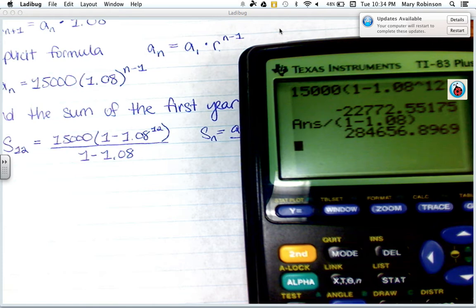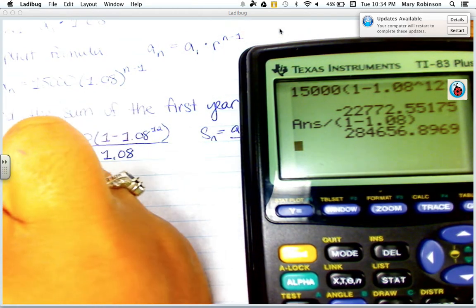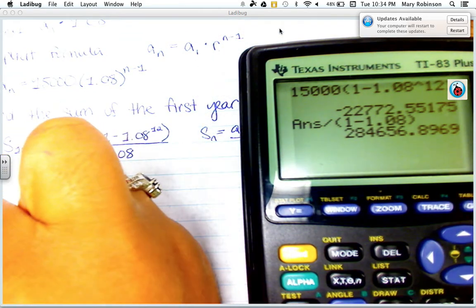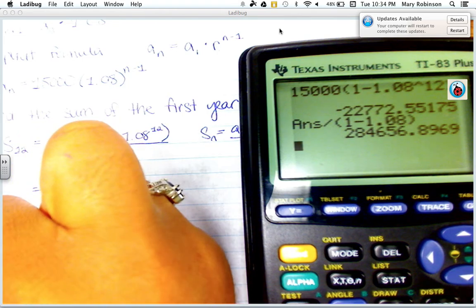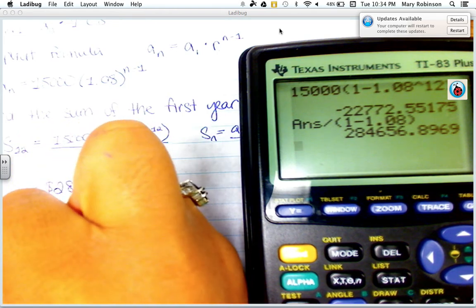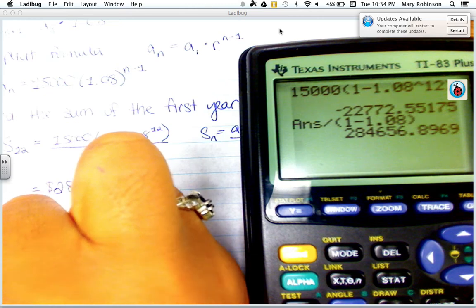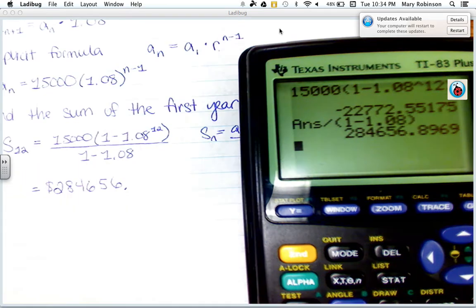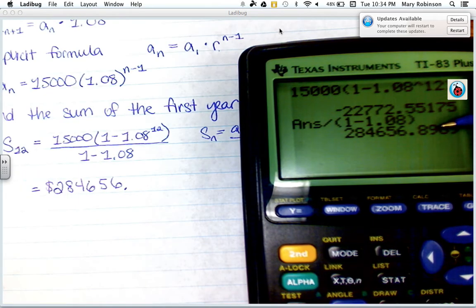So the sum for the first year sales is $284,656, and since we're dealing with money, we're going to round to the hundredths place. Remember, we look to the right. If the number is 5 or greater, then we round up.